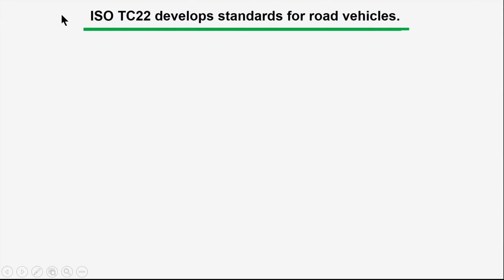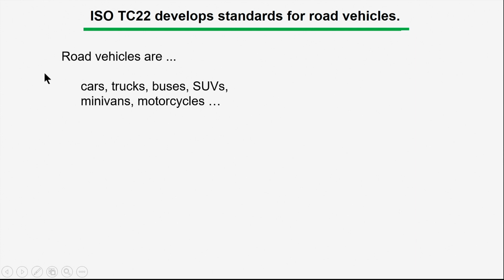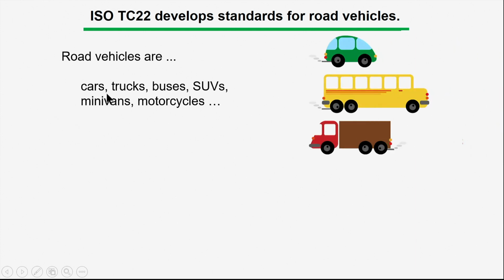So let me now focus on ISO Technical Committee 22, which is road vehicles, the focus of this particular presentation. All right, so what are road vehicles? They are cars, trucks, buses, SUVs, minivans, motorcycles.